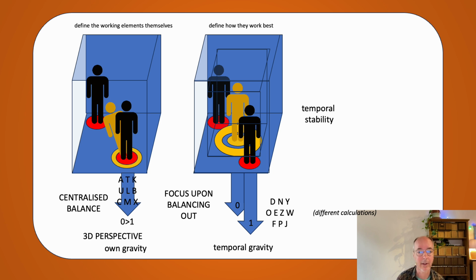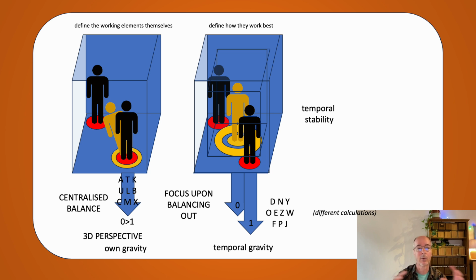It gives you an extra calculation to work out where the 0 point is giving you a new stability. So you're focusing upon balancing out the ones, all the objects that are there. There is a balance between them. You have to find the focus, so that you can find a temporal stability in time.